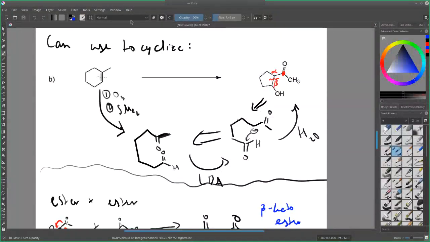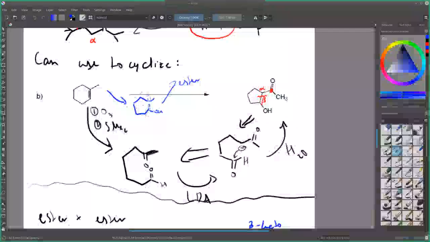Yeah, so one option would be to maybe get a carboxylic acid and then a ketone over here. Make this into an ester, and in that case, you would preferably make the ketone an enol.